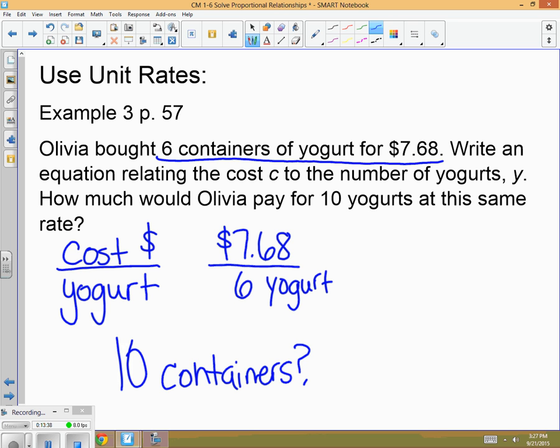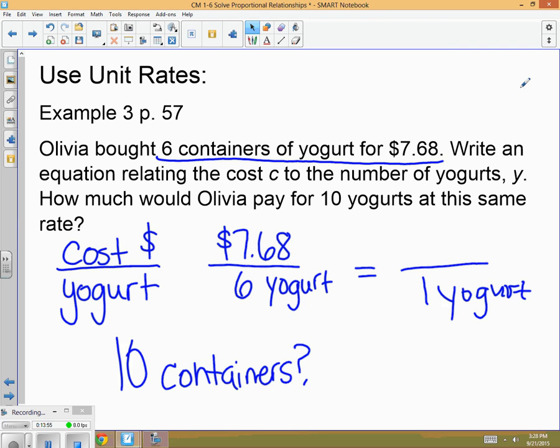Now, if you think back to the unit price, we can figure out how much one yogurt costs. And once we know how much one yogurt costs, we can simply multiply that times the 10 containers. So to figure out the unit rate, I want 6 to become 1 in the denominator. The way to do that is to divide the bottom by 6. 6 divided by 6 equals 1.